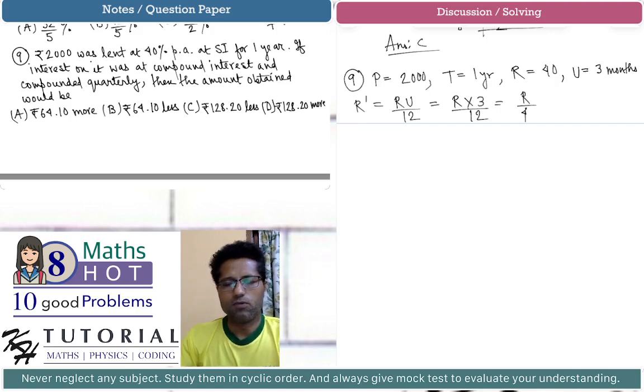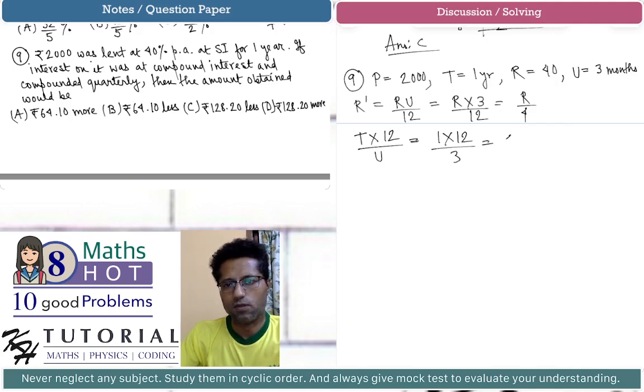R dash will be equal to r by 4, and we have to find small n. If we want to use the general formula, we need small n and the fraction a by b, which we will get from the value t multiplied by 12 divided by u, which is t is 1 multiplied by 12, u is 3.